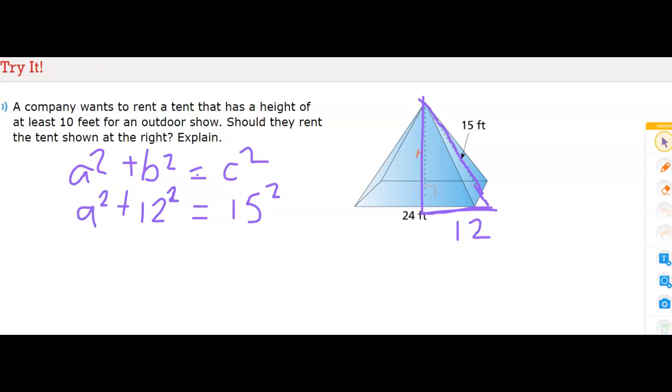Now, I'm going to solve. So we have 15 squared is, let me see, I wrote the wrong thing. Erase. 225.